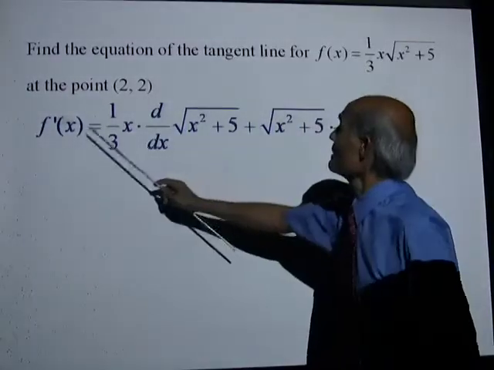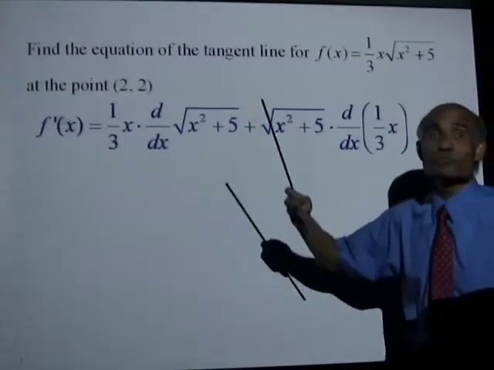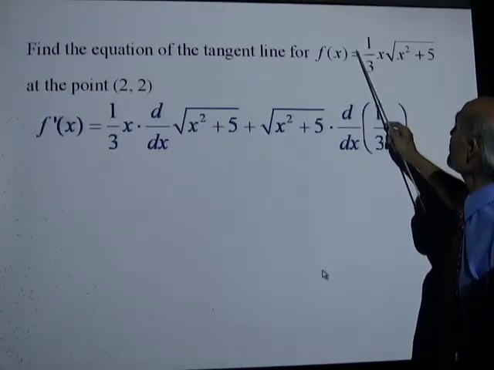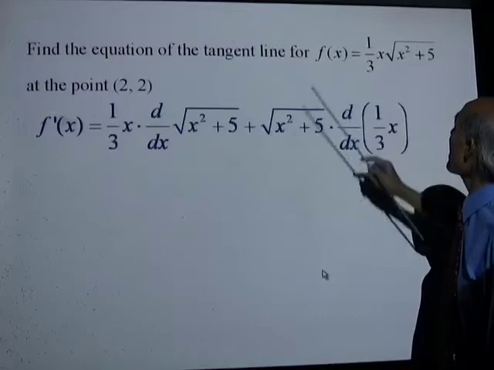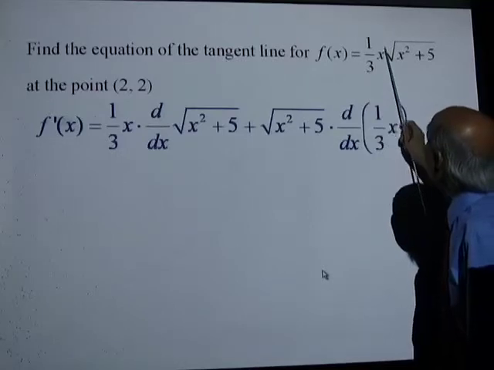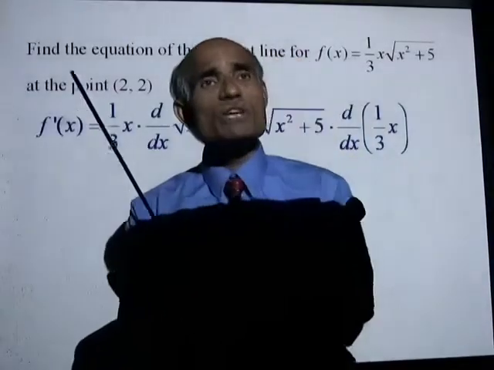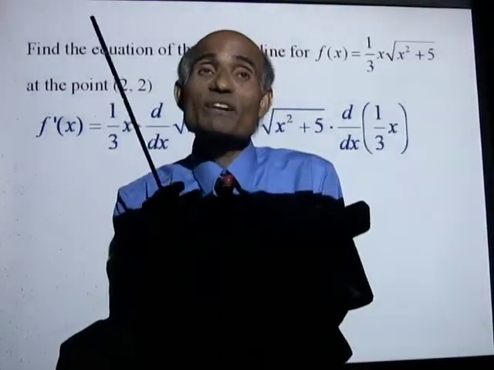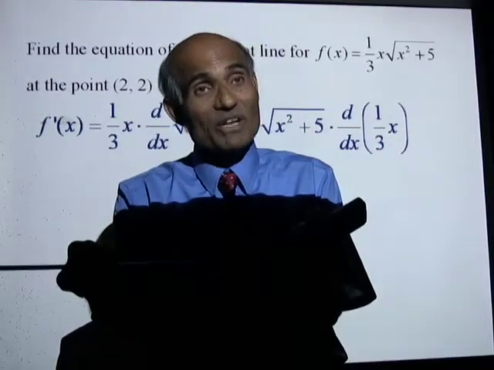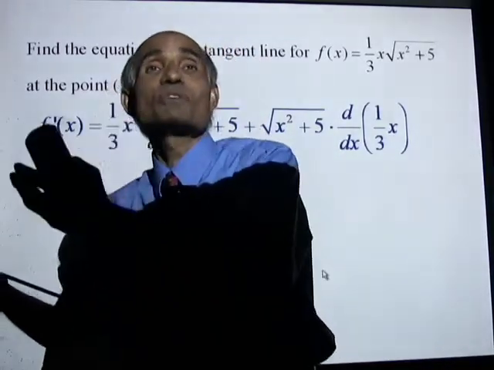All right, let's find the derivative. F prime of x equal to, remember, this is a product, so you need to use the product rule. I have taken 1/3 x as the first quantity. Remember, our product rule is when you have two functions, g of x and h of x, it is the first function times the derivative of the second function plus the second function times the derivative of the first function.